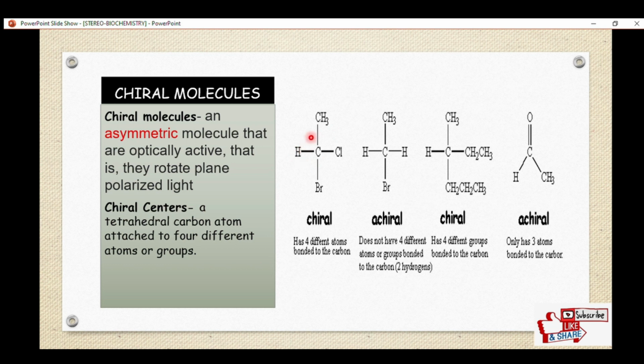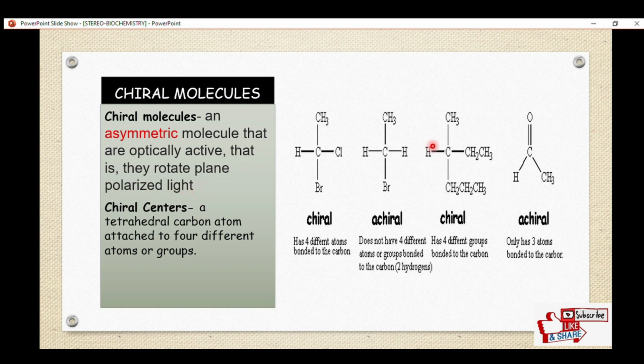This hydrogen is different from this methyl group, this methyl group is different from this chlorine, and this chlorine is different from this bromine. So it does not have any symmetry, and you can't divide this compound into two equal halves. It's an asymmetric molecule that is optically active, and it rotates plane polarized light.